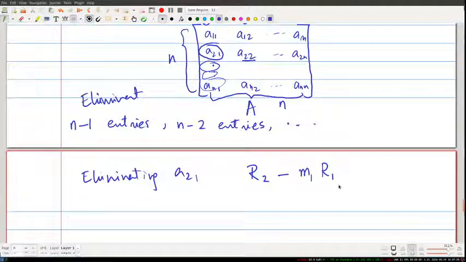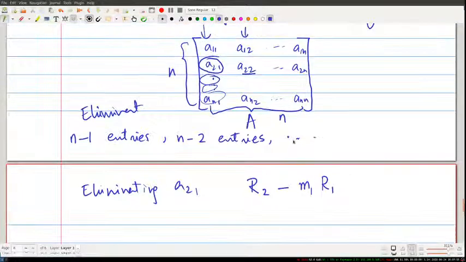But notice what you're doing: you're multiplying all of these entries by something. So the entire row 1 gets multiplied, so you're doing n multiplications.